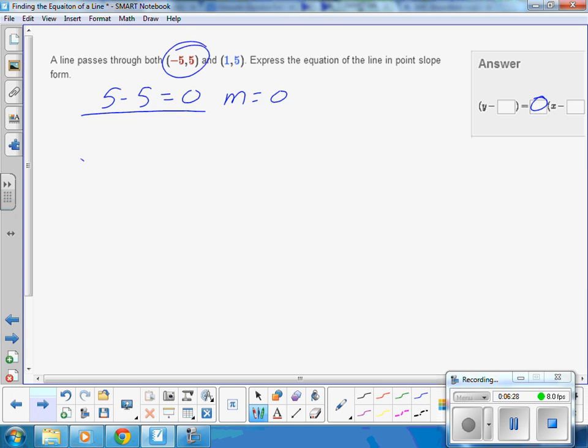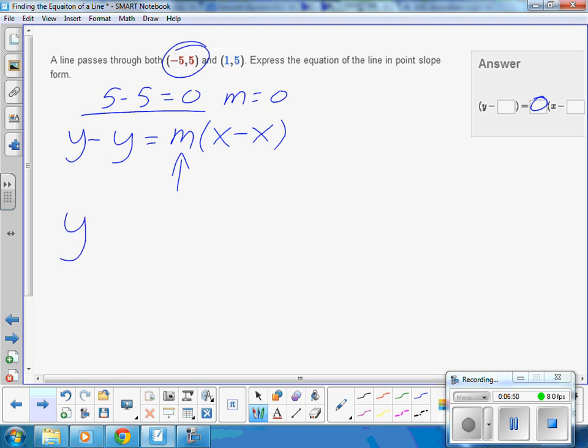I want to use y minus y is equal to my slope, and then x minus x. Okay, I know my slope is 0.